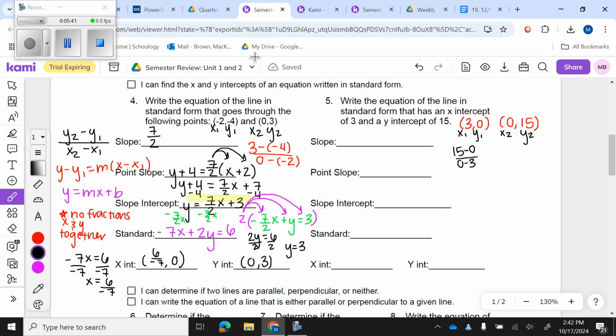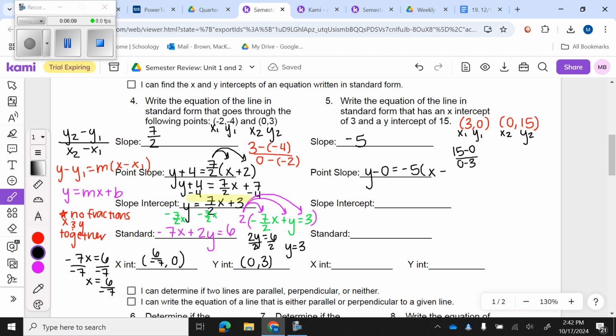When you put that in your calculator, you end up getting a slope of negative 5, I'm pretty sure. Let me double check. Yes, your slope is negative 5. Now we're going to put it in point slope. So I'm going to have y minus my y1, in this case 0, equals my slope, negative 5, parentheses, x minus my x1, which is 3.